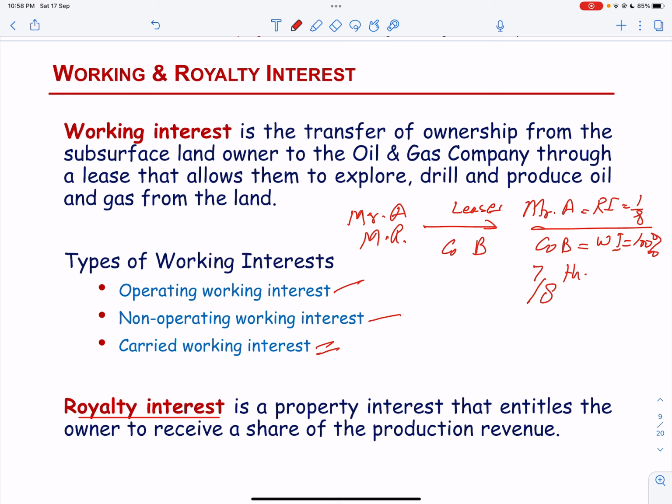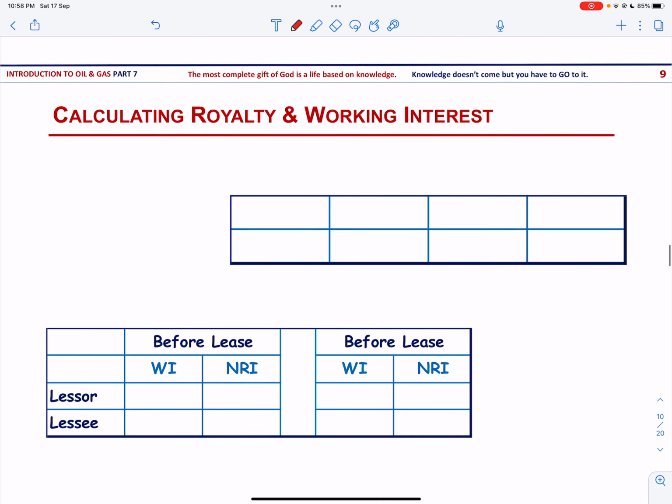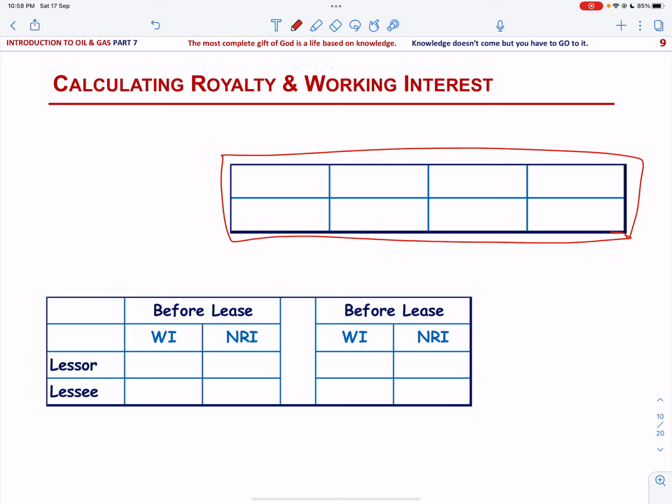Let us see how the royalty interest owner and oil and gas company calculate a royalty and working interest in an oil and gas lease. Suppose there is a rectangular piece of land and we are going to calculate the working interest and the royalty interest before the lease and after the lease.